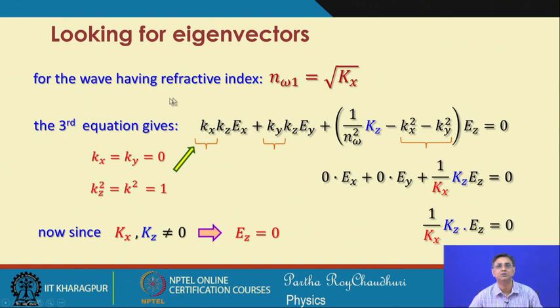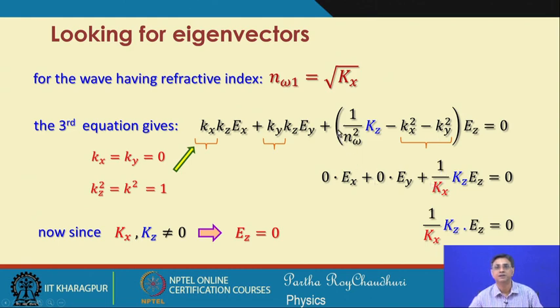So, let us use this refractive index value, the wave refractive index value, when we plug it into the third equation. Again this quantity is equal to 0 because k x equal to 0, k y is also equal to 0. So, this is equal to 0. So, 0 into E x, 0 into E y, and here this quantity and this quantity both of them are equal to 0.